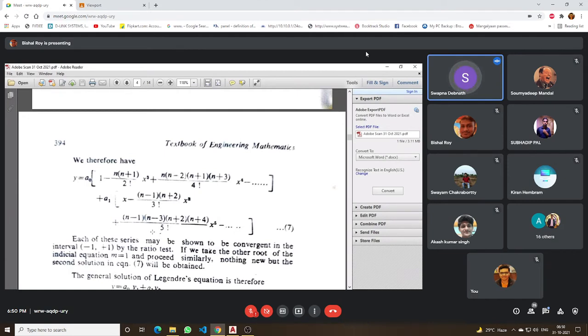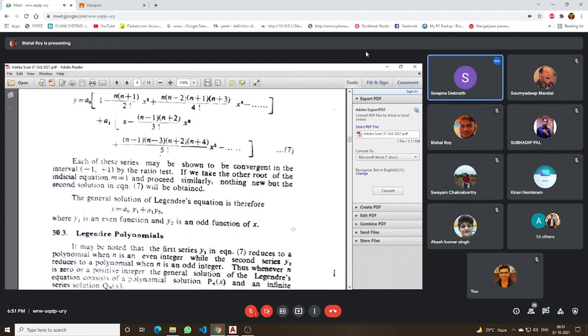The first part becomes an infinite series, the second part becomes a polynomial. At any term, say n is equal to 5, then these three terms will remain and the fourth term will be 0. Therefore, if n is odd, again the solution is of two parts. One is a polynomial, another is an infinite series.